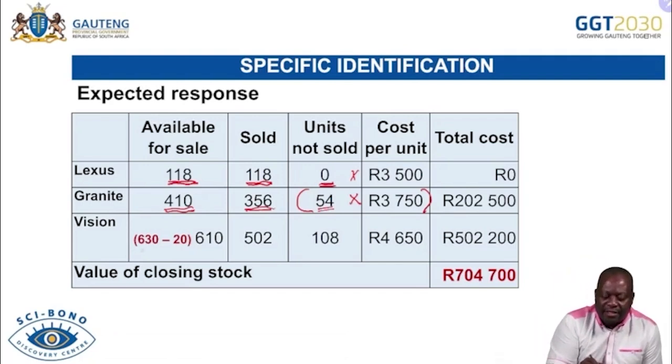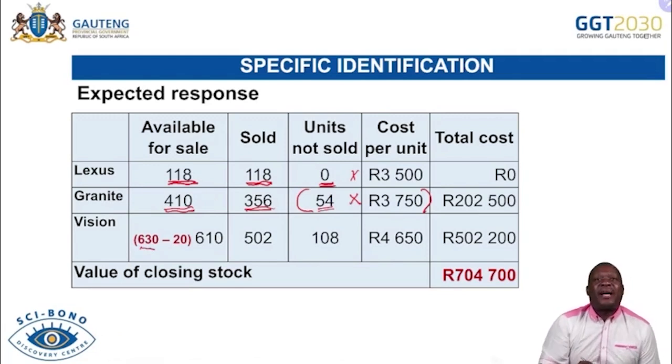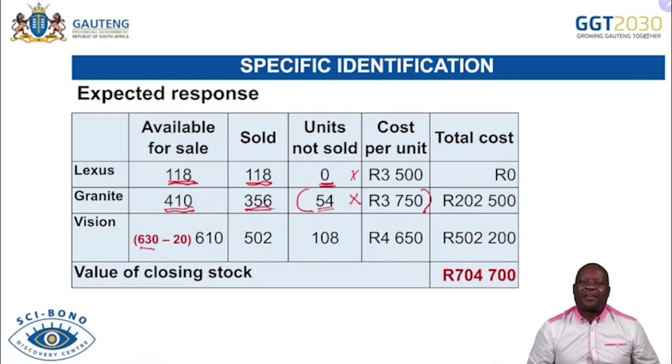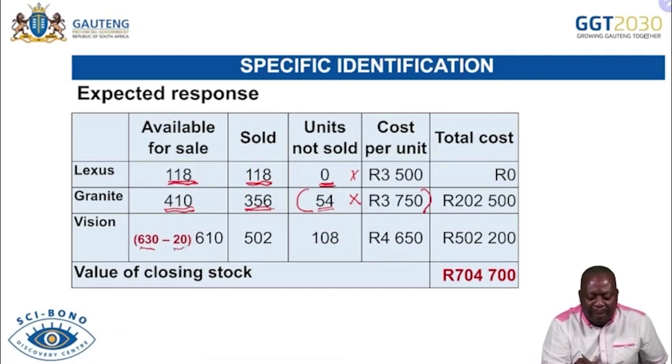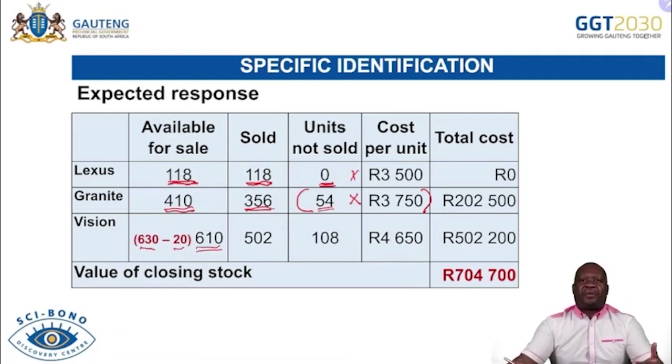Vision, we had 630, but they are no longer 630. Why? Because we returned 20 back to the supplier. So it means the ones that are available are 610. Always remember the effect of returns on the goods available.